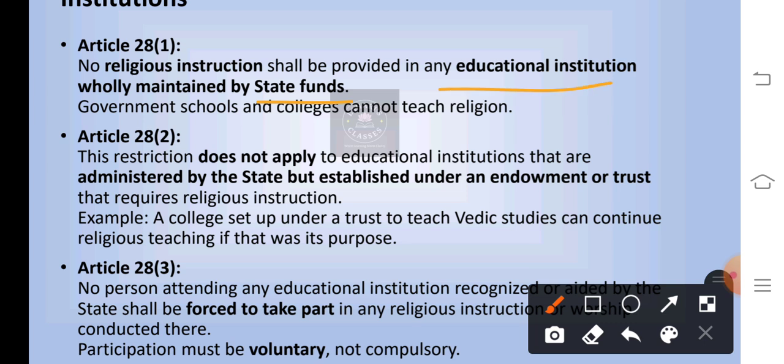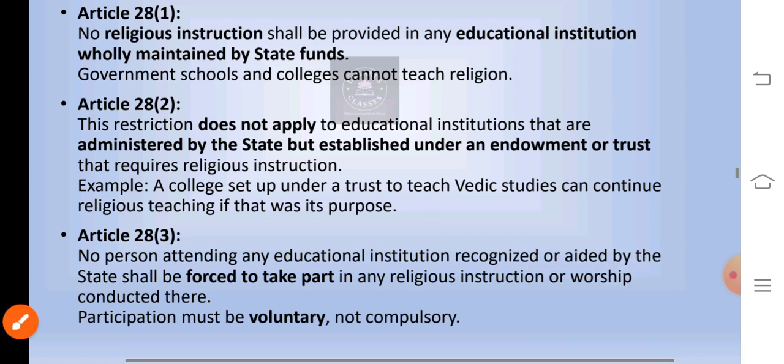In simple words, in government schools and colleges, no particular religion should be taught to the children being educated there. So, no religious instruction should be given in the wholly maintained government schools and colleges by the state.